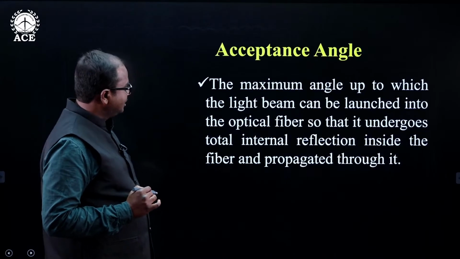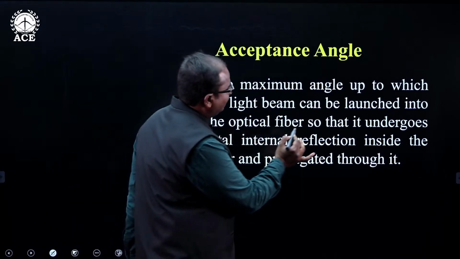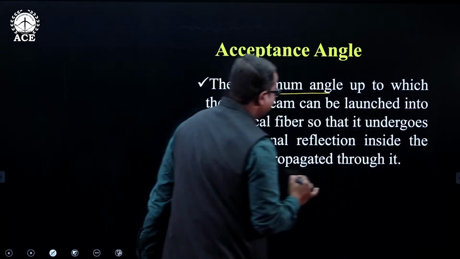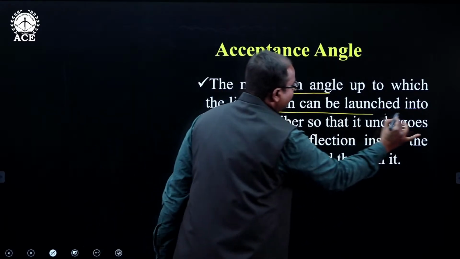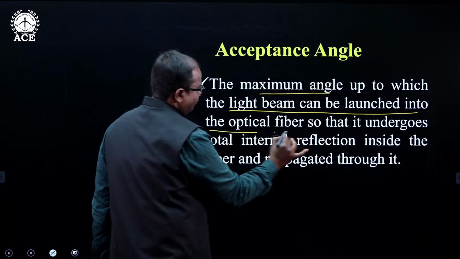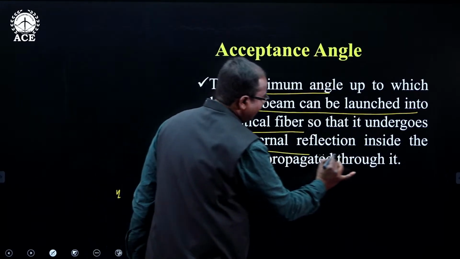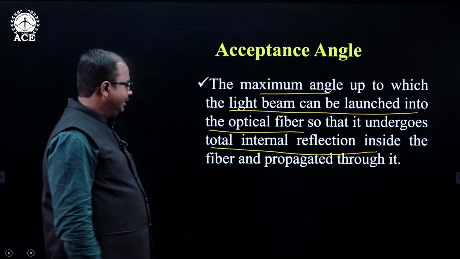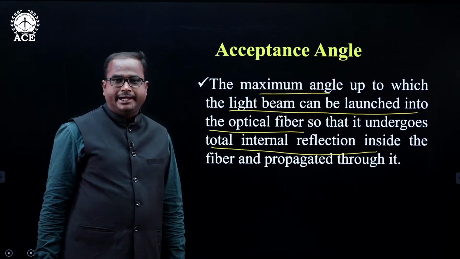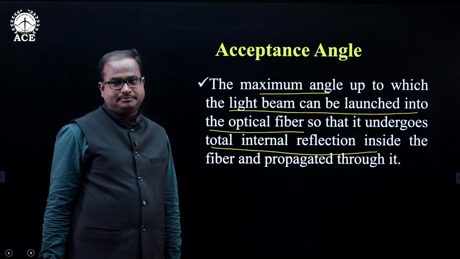You can see the definition here: the maximum angle up to which the light beam can be launched into the optical fiber so that it undergoes total internal reflection inside the fiber and propagates through it.